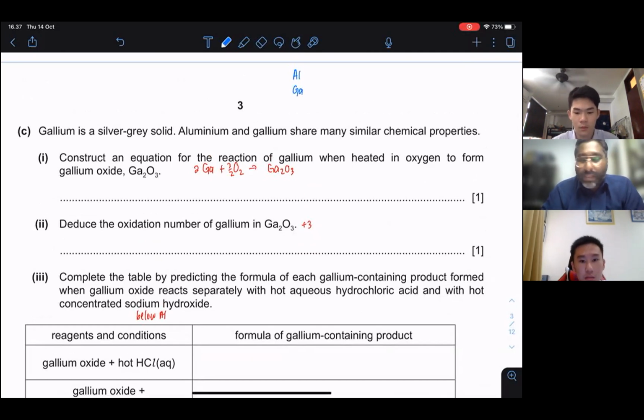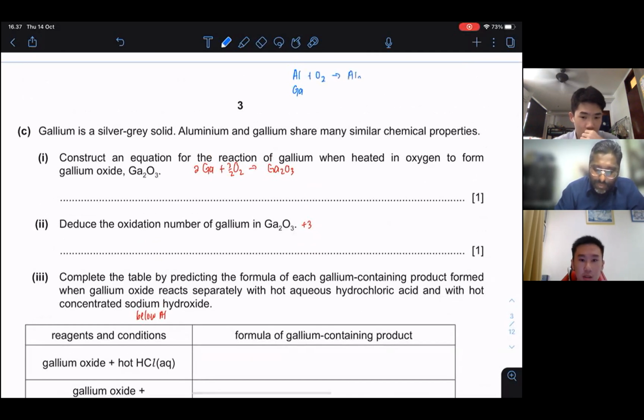It is important because all the reactions that aluminium will undergo, the gallium will also undergo. So here, constructing an equation for the reaction of gallium when heated in oxygen to form gallium oxide, basically if you have aluminium with oxygen, they give you aluminium oxide. When I balance this equation, of course I put 2 over there.